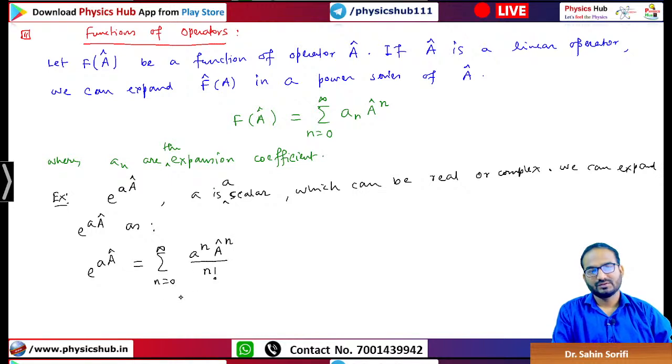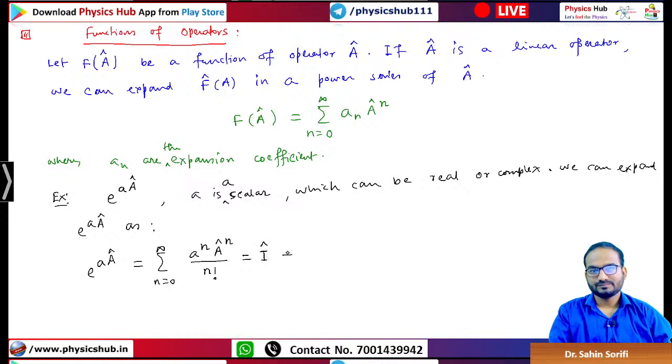This is how we expand the exponential, x to the power n by n factorial, where here x is a times A. If you put n equals 0, this is 1, but we cannot write 1, we have to write the identity operator, like the unity matrix in the case of matrices.